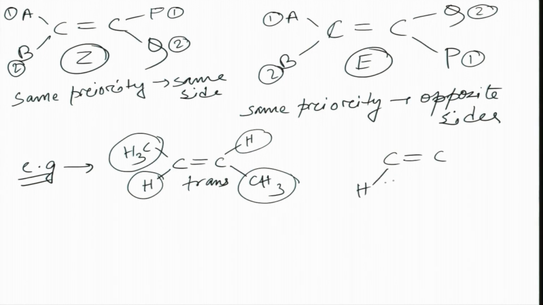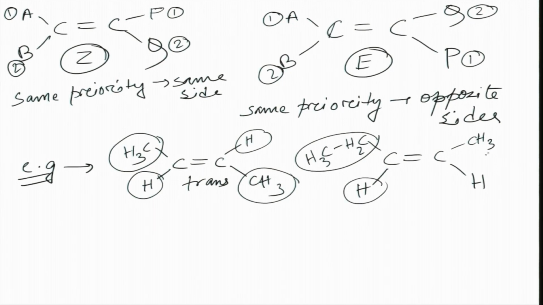Now, this one. Here the groups are ethyl and hydrogen and here the groups are methyl and hydrogen. Although these two groups are different, the hydrogen is similar. Since these two hydrogens are on the same side, we will call this cis.